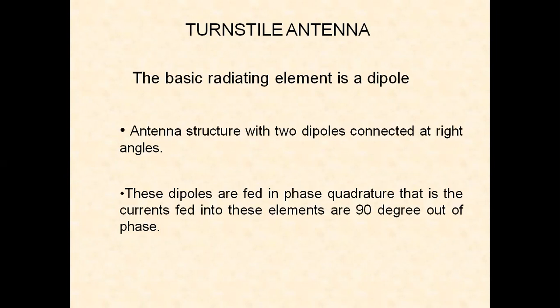So turnstile antenna consists of two dipoles that are connected at right angles to each other. These dipoles are fed in phase quadrature, that is, the currents fed in these elements are 90 degrees out of phase.